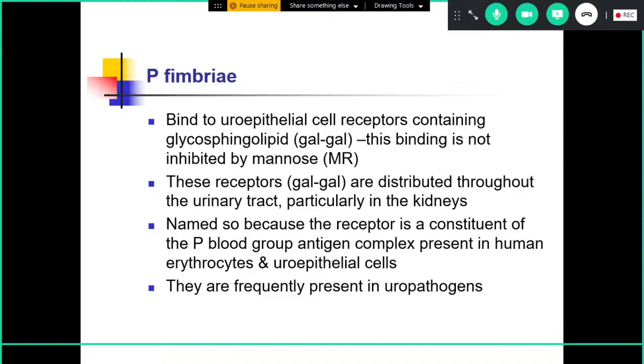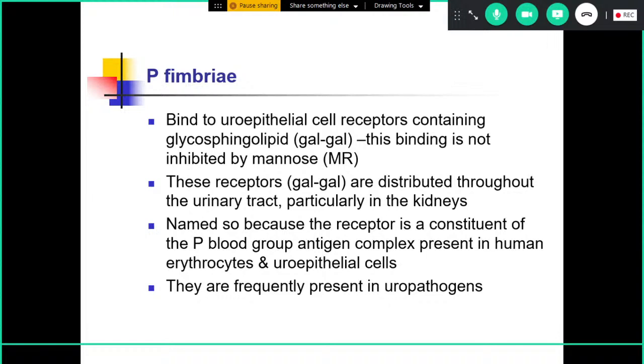Now, P fimbriae are named so because the receptor is a constituent of the P blood group antigen complex present in human erythrocytes and uroepithelial cells. So these fimbriae bind to particular uroepithelial receptors, which are glycosphingolipids. And these receptors are distributed throughout the urinary tract, particularly in the kidney.